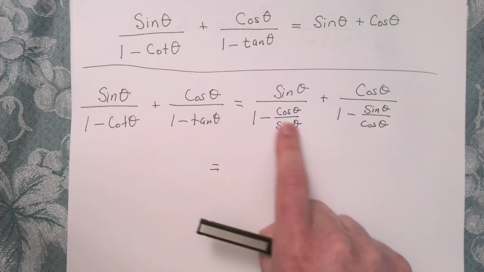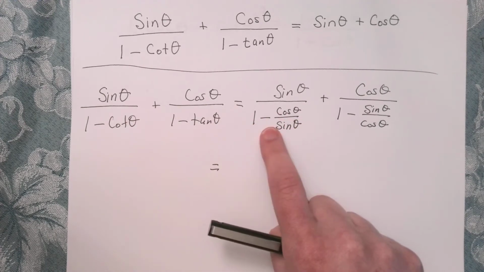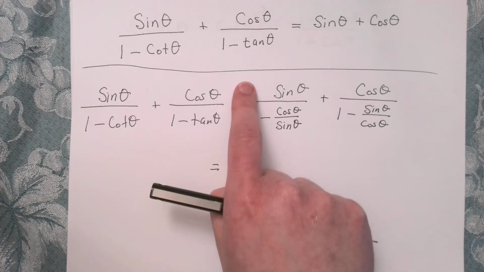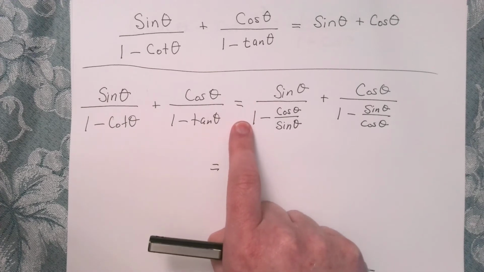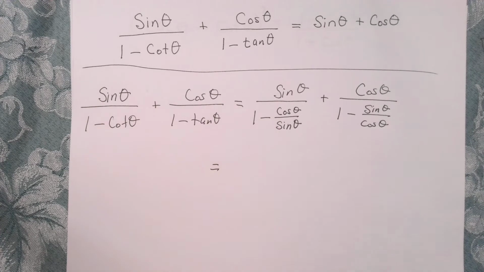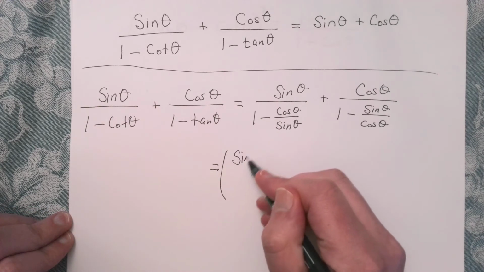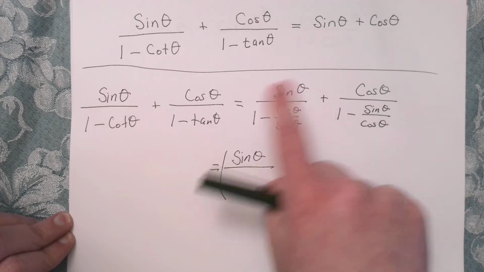And then over here, I'm not too thrilled with the sine of theta in the denominator of a complex fraction. So let's multiply the top and the bottom by sine of theta with hopes that those would cancel out. Let's see what that looks like. So I still have this.